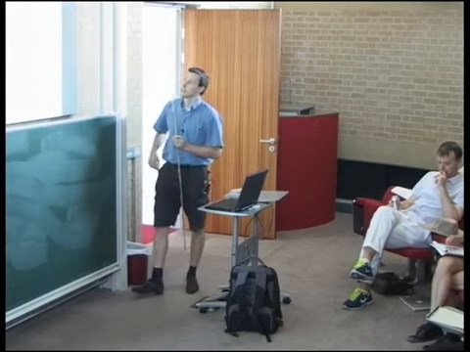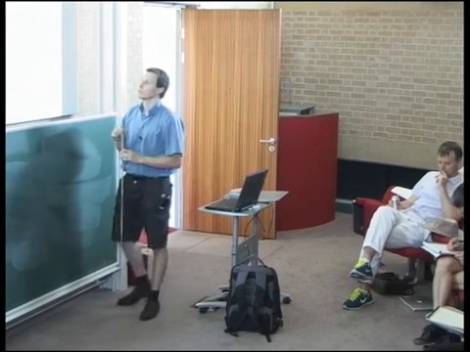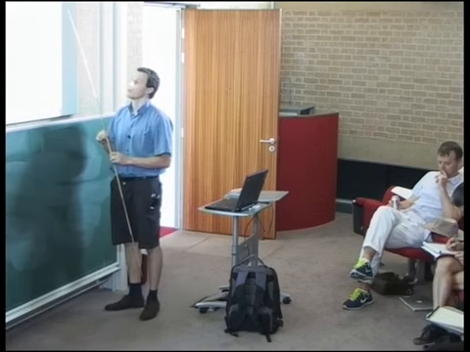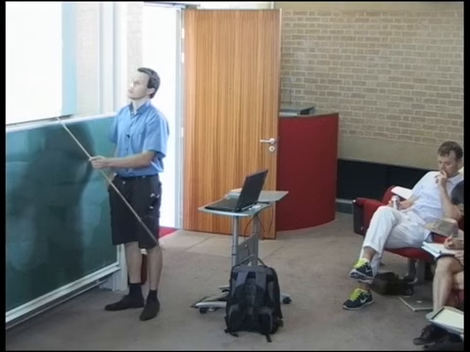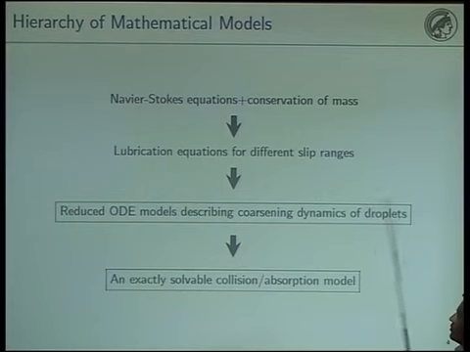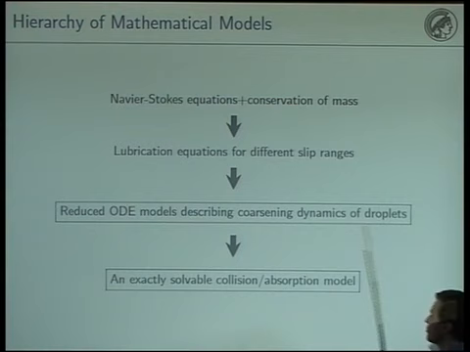And then, as Steven presented, we can also reduce this infinite dimensional dynamics to finite dimensional ODE models describing coarsening dynamics of droplets. In this talk, I would like to show you a special case which corresponds to the plug flow when beta is infinity, slip length is infinity, which can be exactly solvable, and you can derive coarsening rates analytically, explicitly for this system.